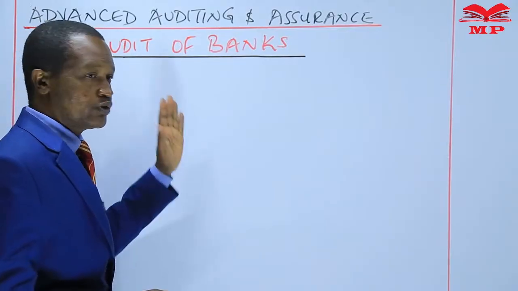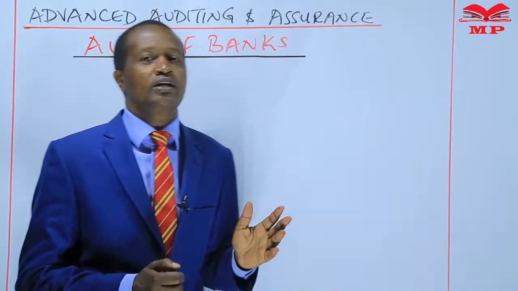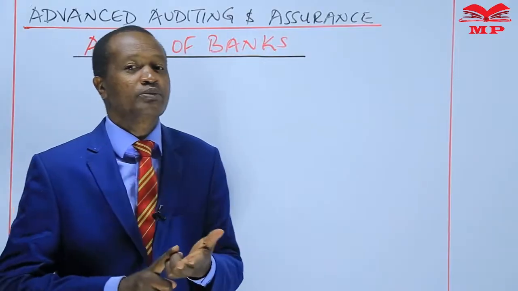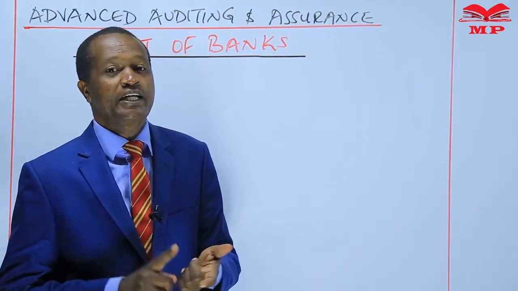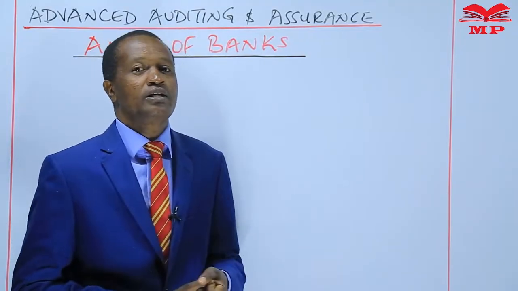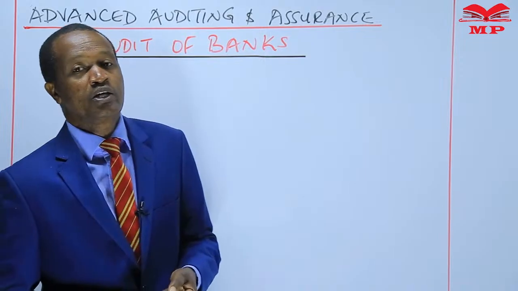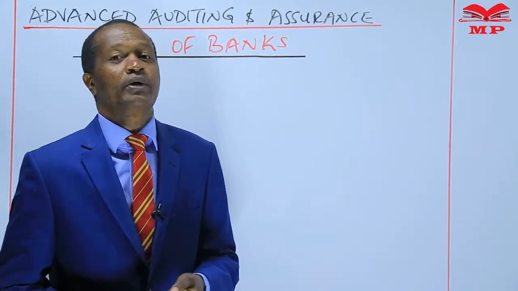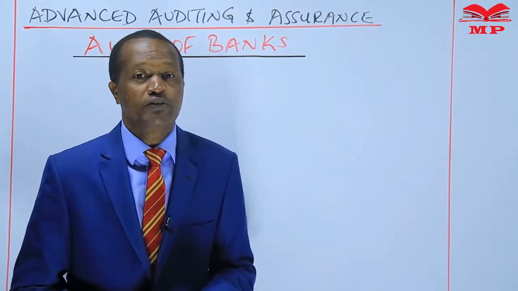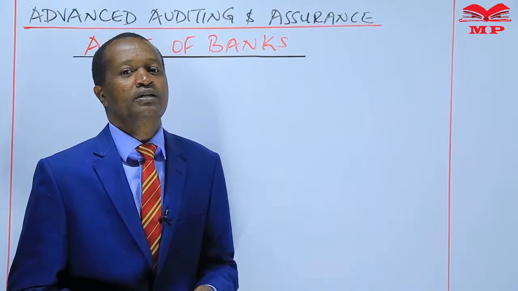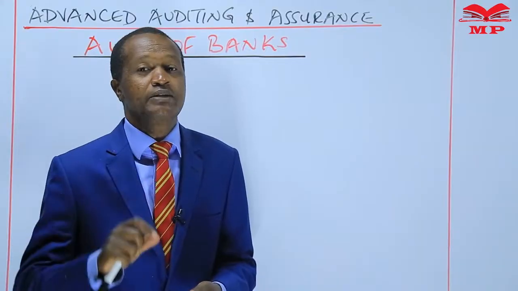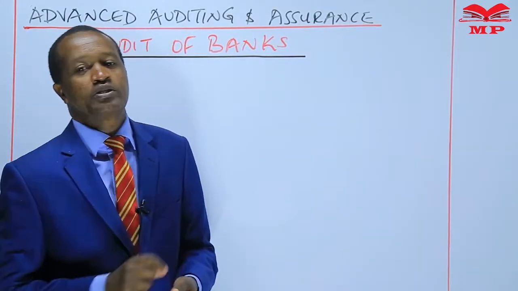In the study of audit of banks, candidates, we will study audit objectives, the terms of engagement, planning the audit of a bank, and the internal controls. On internal controls, we will consider the policy paper issued by the Basel Committee on Banking Supervision, dubbed Framework for Internal Control Systems in Banking Organizations.